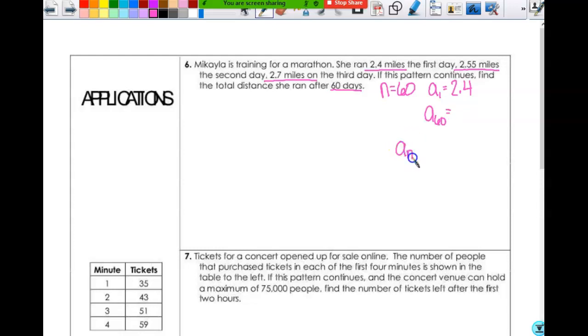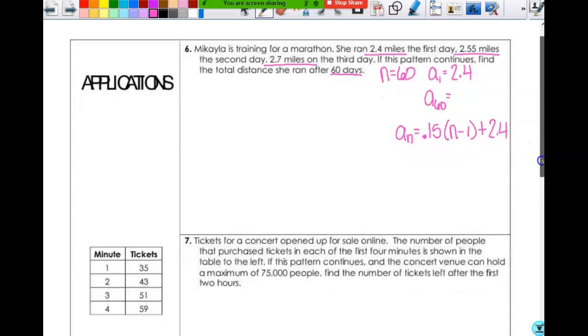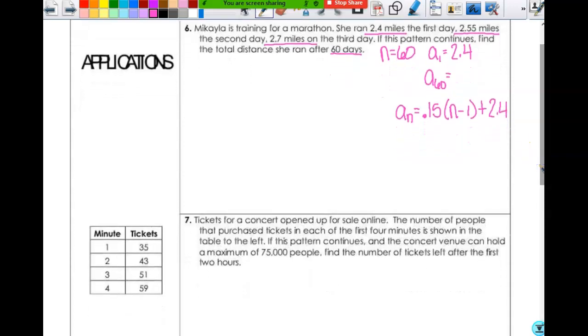So a sub n is equal to, what is the common difference here? 0.15. So 0.15 times n minus 1 plus the first term, which is 2.4. So then I just find the 60th term. It's going to be 0.15 times 60 minus 1 plus 2.4.